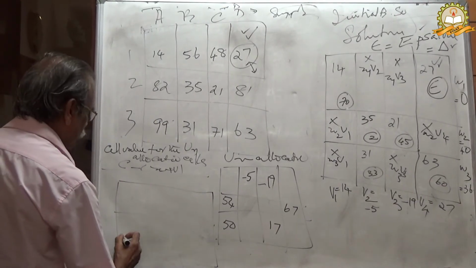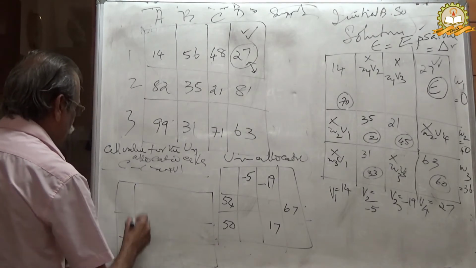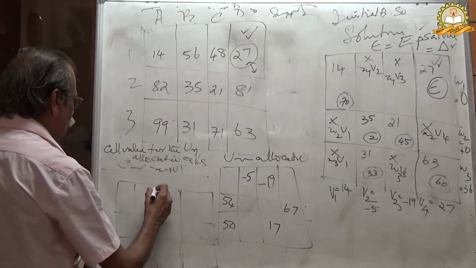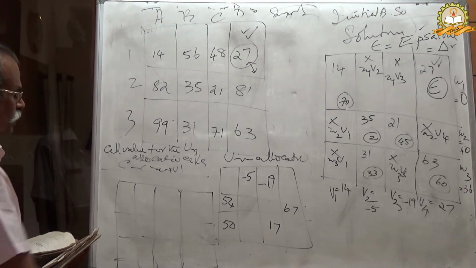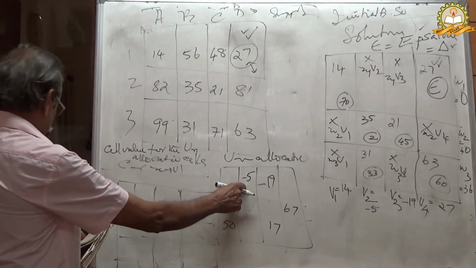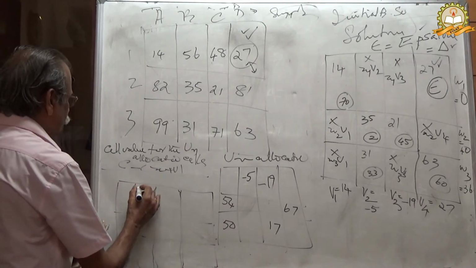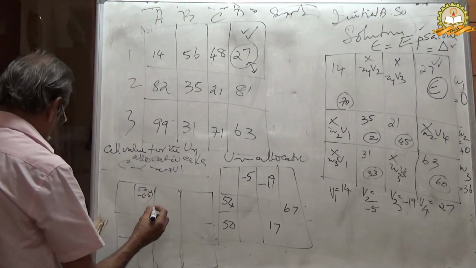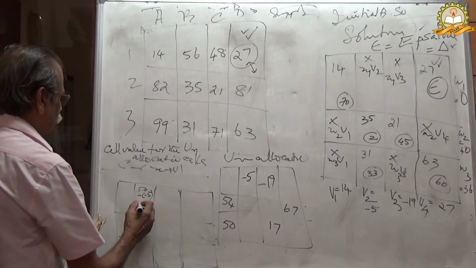Therefore, again you have a revised matrix, 3 into 4, C minus of U plus V. Here the original value is 56, 56 minus of minus 5. Therefore, you have 61.